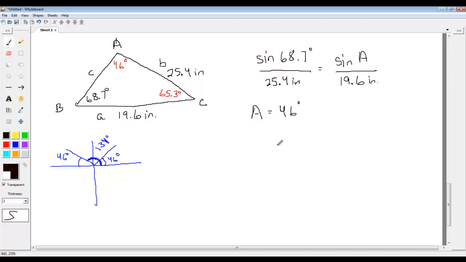And then we can say sine of 68.7 degrees over 25.4 inches equals sine of 65.3 degrees over whatever side C is.